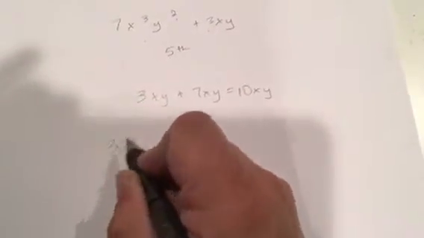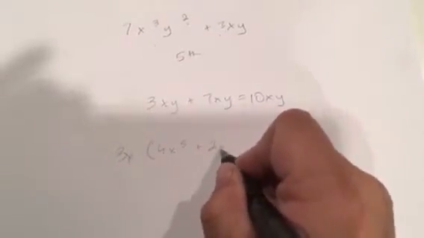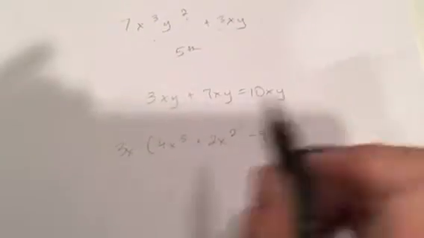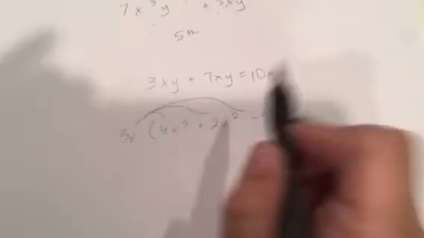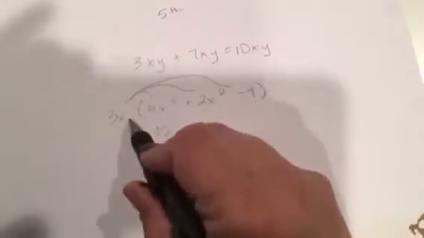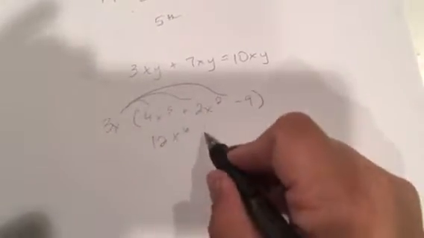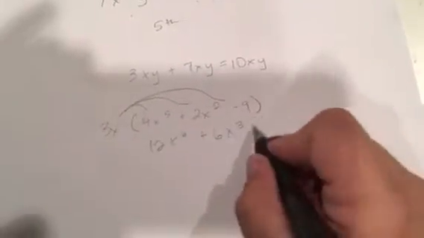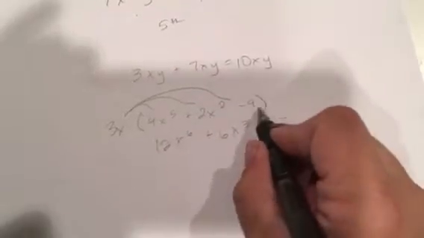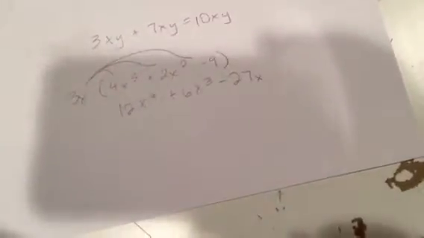So if I have 3x times (4x to the 5th plus 2x squared minus 9), I'm going to distribute the 3x to each one of those. 3 times 4 is 12. x times x to the 5th is x to the 6th. 3 times 2 is 6. x times x squared is x to the 3rd. 3 times negative 9 is negative 27. x times nothing is x; or not nothing, but because there's no other x, there's still one x available.